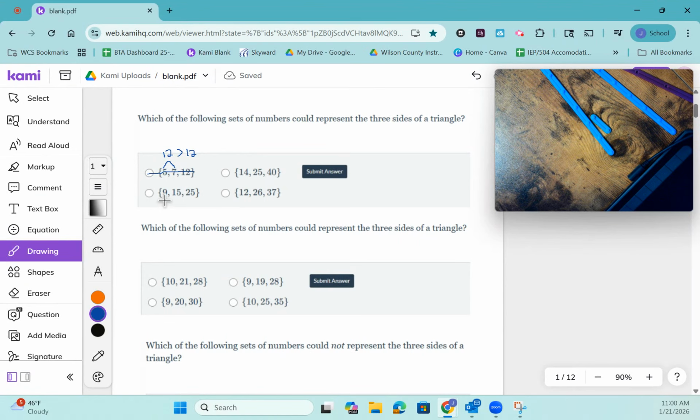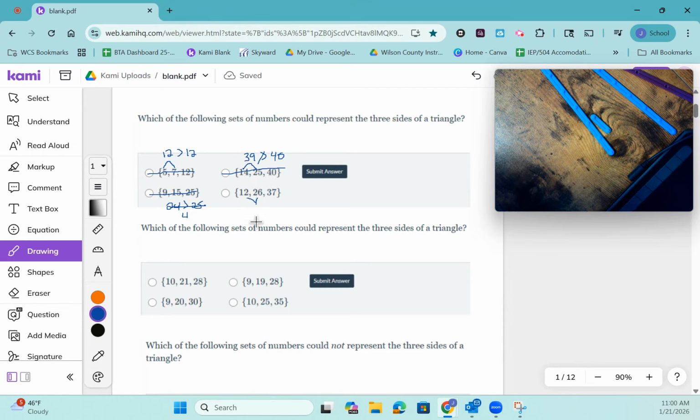Now, 9, 15, and 25. Well, 9 plus 15 is 24, and 24 is not greater than 25, so that one also will not create a triangle. 14 and 25 is 39, which is not greater than 40, so that does not either.